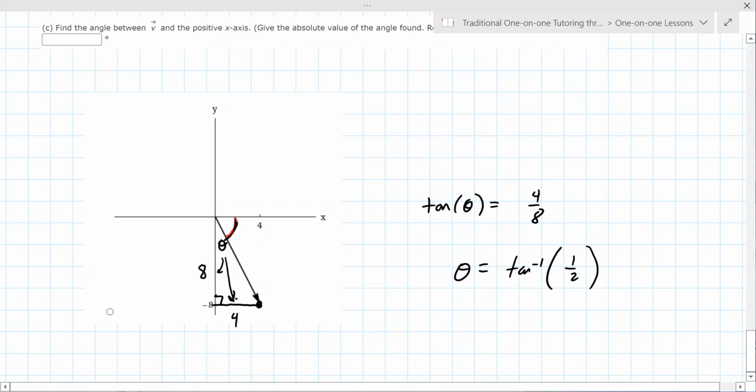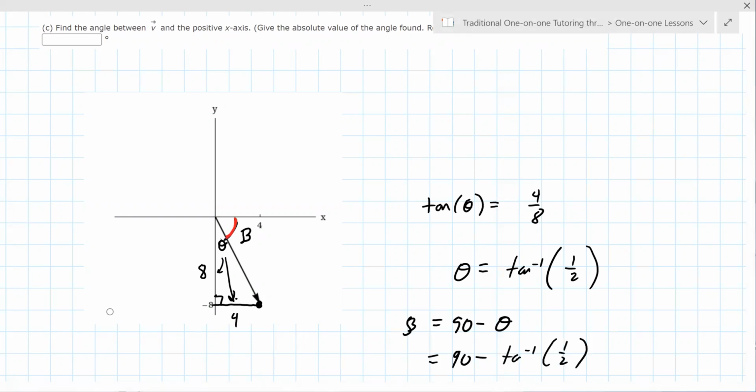We want this angle in red. To get that angle, I'll call it beta. Beta is 90 minus theta, so it's 90 minus arctangent of 1/2. Now there's another way to do this problem, but it doesn't look like they've covered it yet in your class, so we will not be using that. This is just a calculator thing.